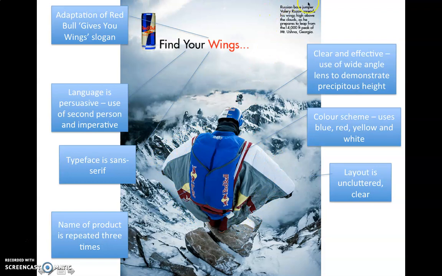Well, over in the top right hand corner, we have this information which reinforces that this is a legitimate image of a legitimate stunt. And this is really important to the brand identity.